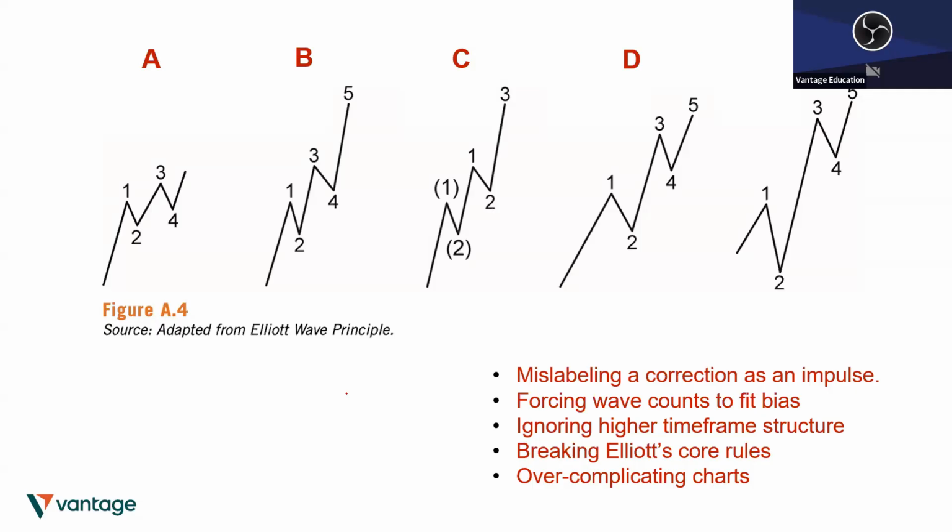And the last one will be wave 2 cannot surpass wave 1. Okay, cool. So now that we got the 3 golden rules, you guys remember it, right? Okay, 3 needs to be the longest. I probably should have typed this down. 2 cannot surpass 1, and 4 cannot go into the zone of the top of 1.